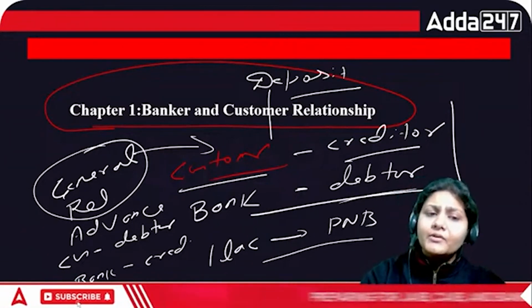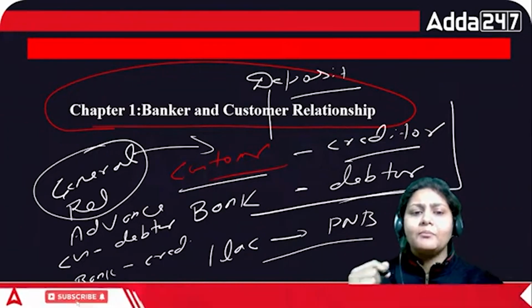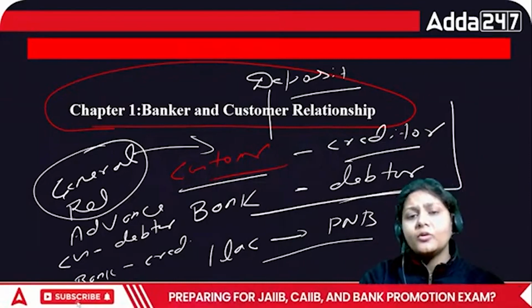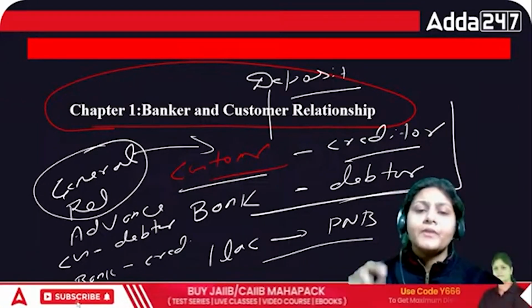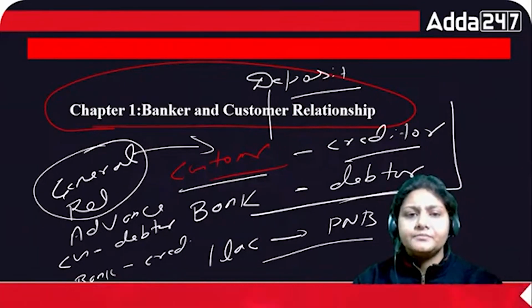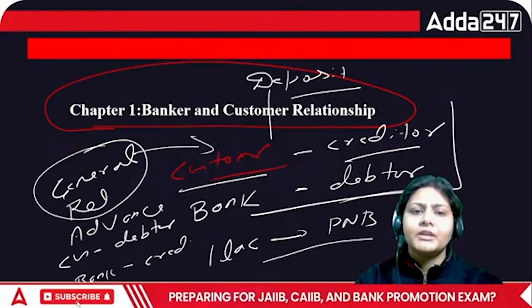But in case of advance, the bank is giving me the loan, so I am the debtor and the bank is the creditor, and the bank takes a document or security from my side. Understood? So this is your basic relationship with the bank.